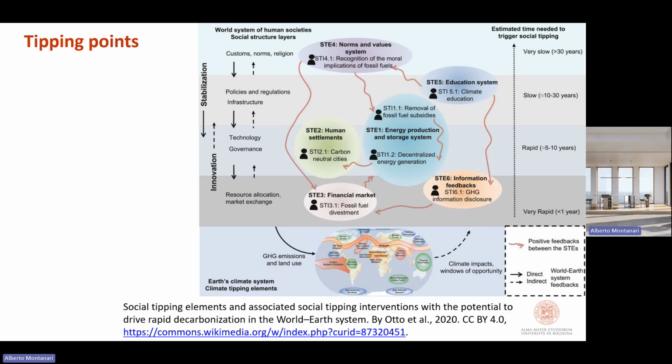This is an example of societal tipping points, and I'm sure that also in the Earth system there were changes that cannot be reverted. Not all of them are positive, of course.